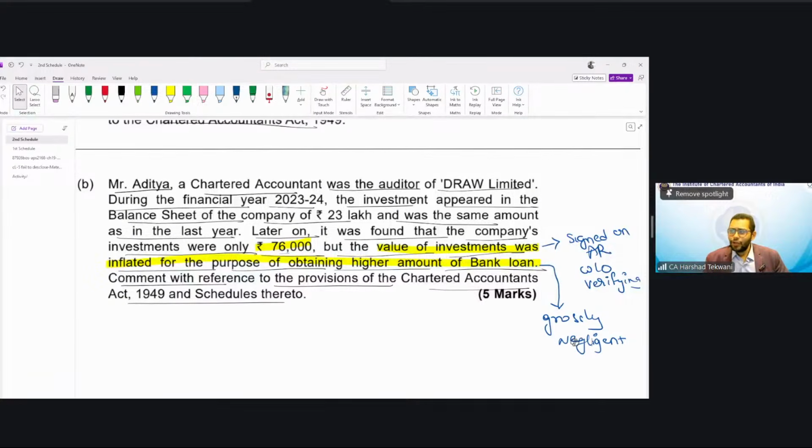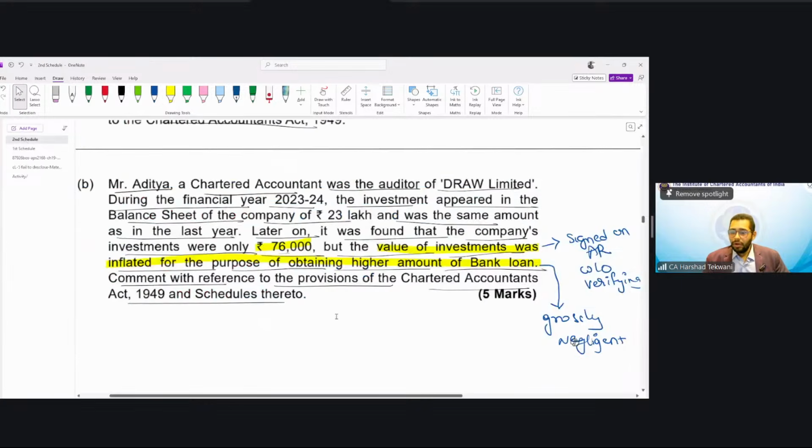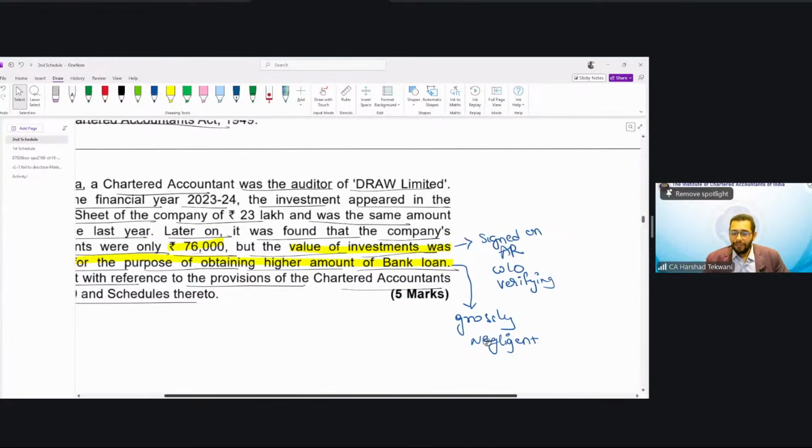I failed to obtain necessary information which was required for my opinion. That means I did not perform the basic step. I have failed to obtain the information about the investment. Not only did I sign without verifying, but I also failed to obtain the information.